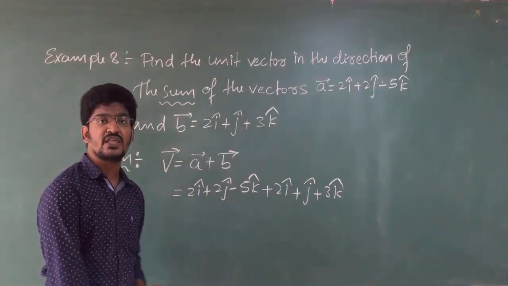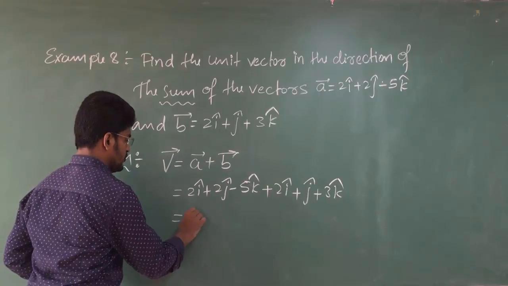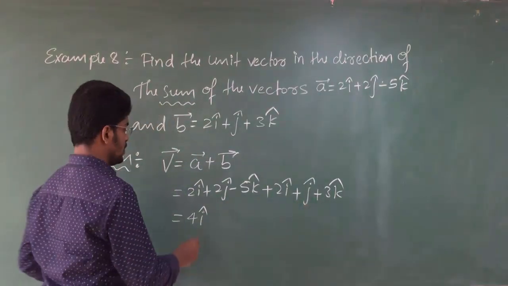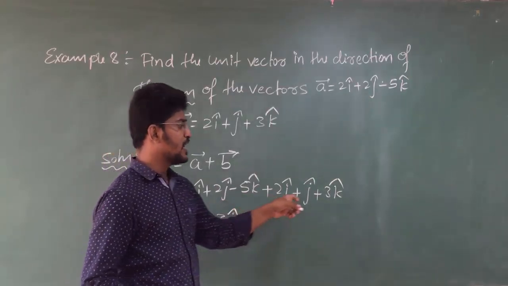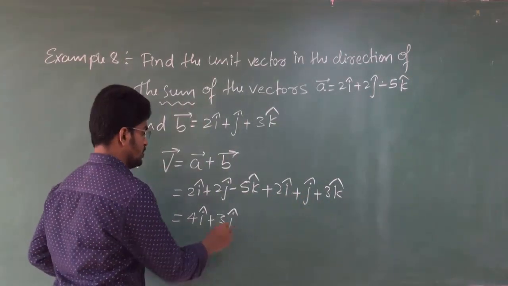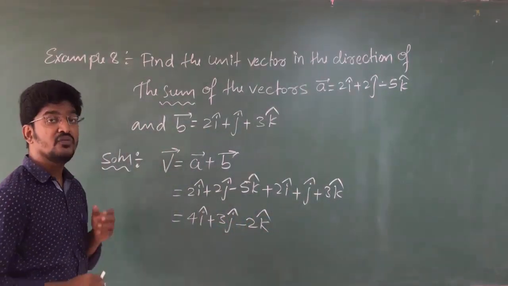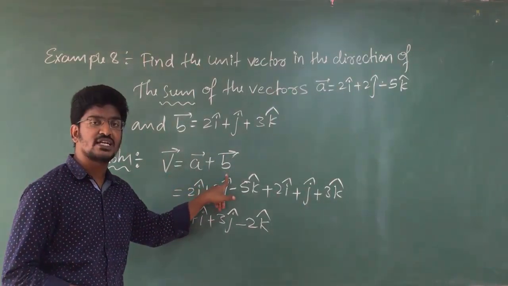So if you simplify this, 2i cap plus 2i cap will be 4i cap, 2j cap plus j cap will be 3j cap, minus 5k cap plus 3k cap will be minus 2k cap. Now you got vector V, which is the sum of vector A plus vector B.